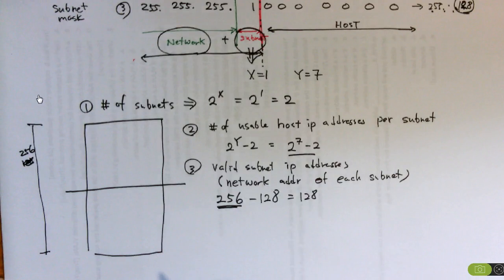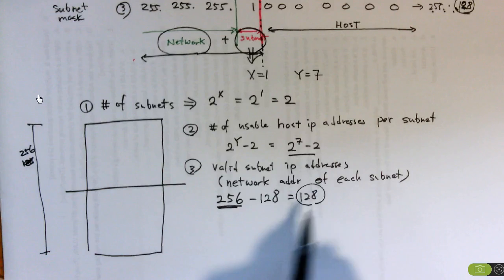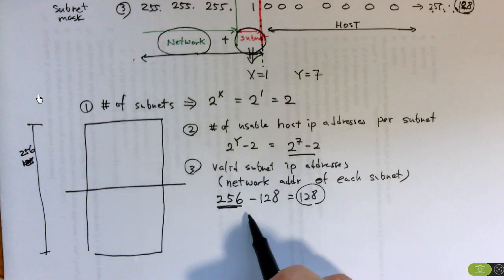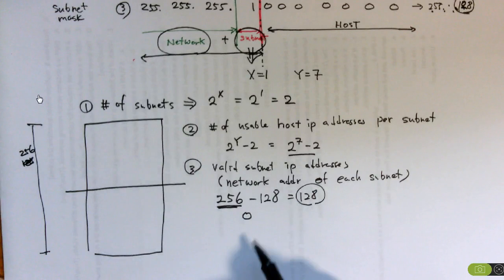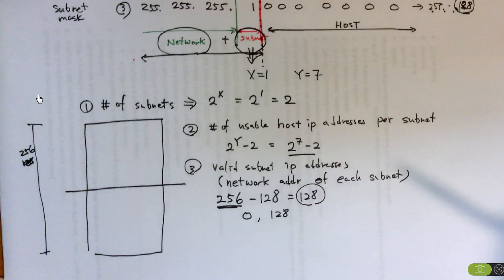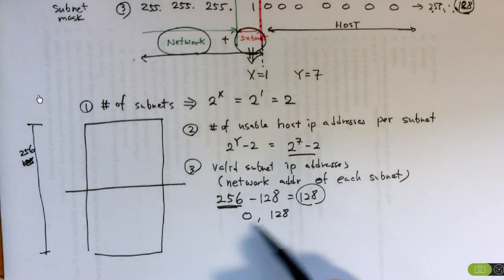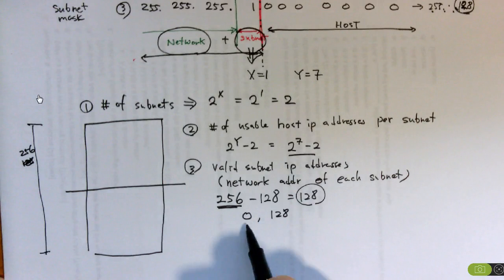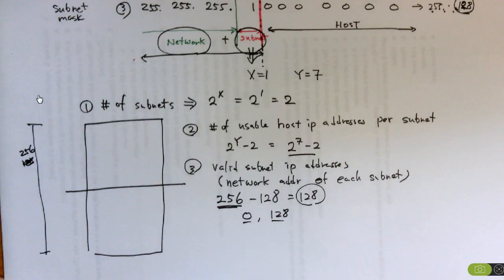So we know that the network address is a multiple of 128. The first one starts from 0, and if you add 128, it's 256, so 256 cannot be an address. So we know that it's 0 and 128.